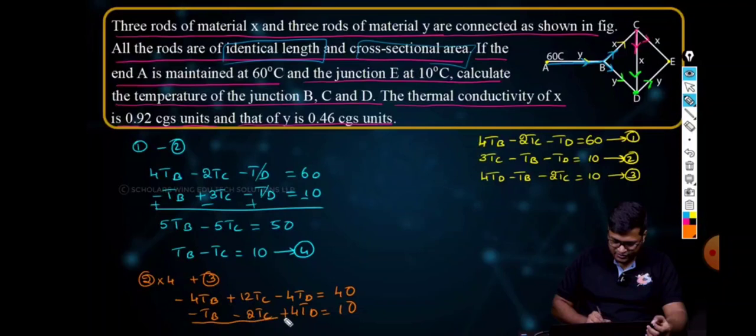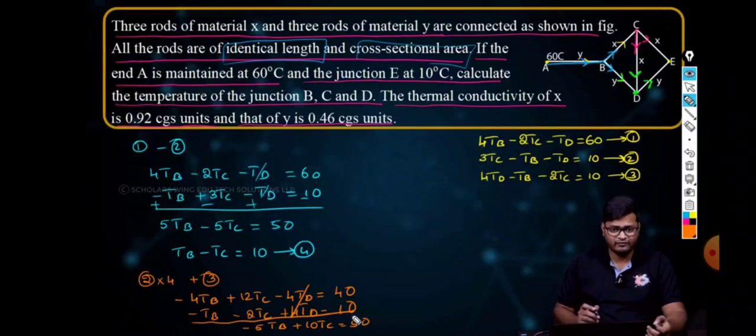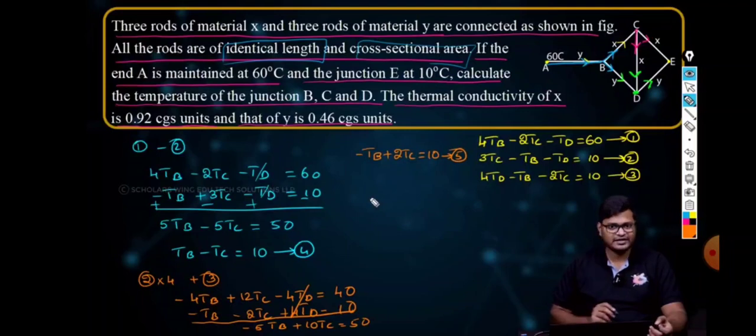So when I add these two equations, these two terms will get cancelled. So minus 5 TB plus 10 TC is equal to 50. So if I divide by 5 on both sides, this will become minus TB plus 2 TC is equal to 10. Equation 5.